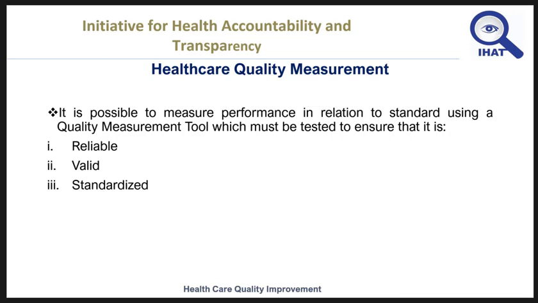That is, the definition of data elements, data collection, and data analysis are sufficiently precise and comprehensible that they can be understood and applied in the same way, regardless of who refers or applies them. Failure for these tools to meet standards of reliability, validity, and standardization undermines quality measure. Other methods of measuring quality also include accreditation, certification, and the conduct of surveys.